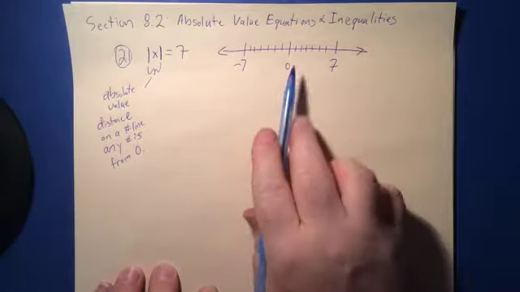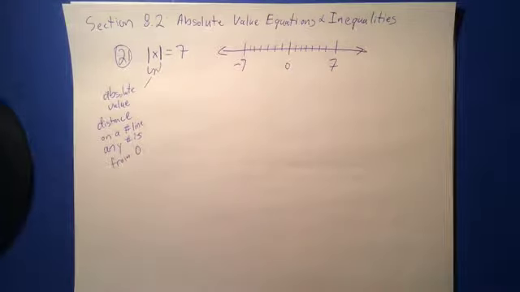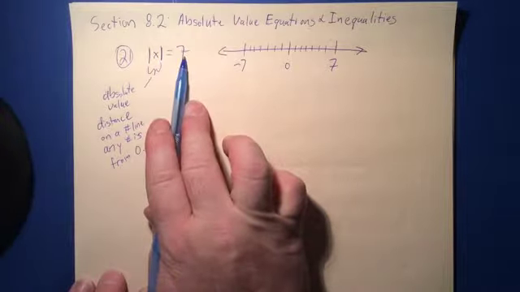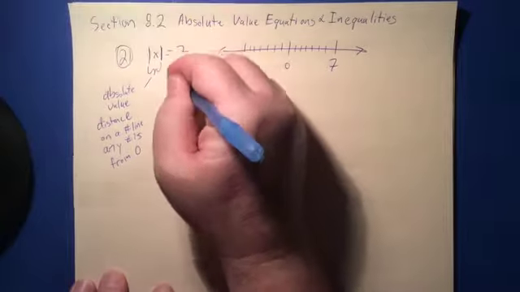I apologize for my units not being precise here, but the number 7 would be 7 units away from 0. So an absolute value essentially determines the distance any number is away from the center, or 0, on a number line. So if we want to solve for the possible values of x that will generate a 7 on the outside, we do something very simple here.